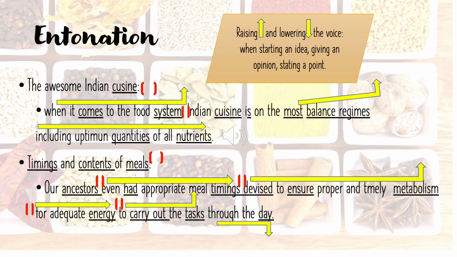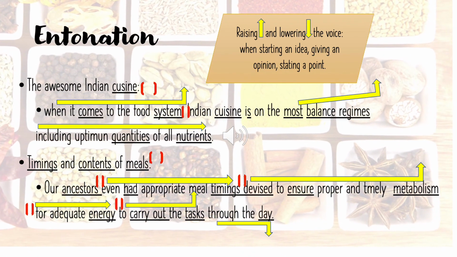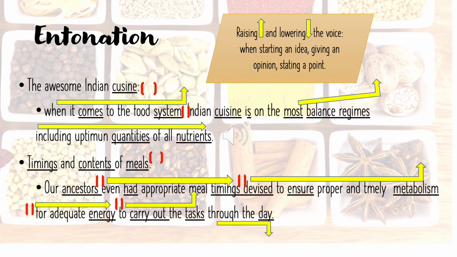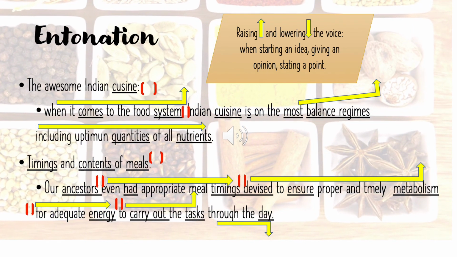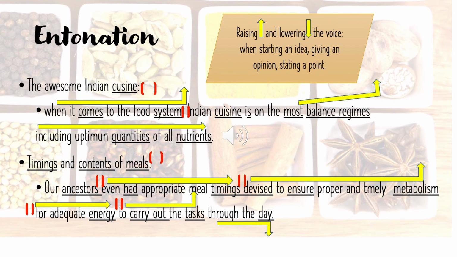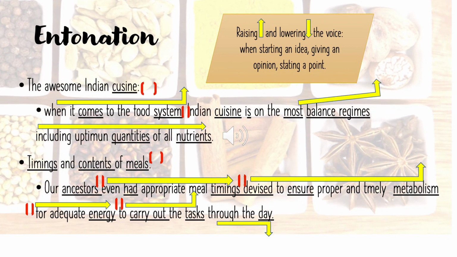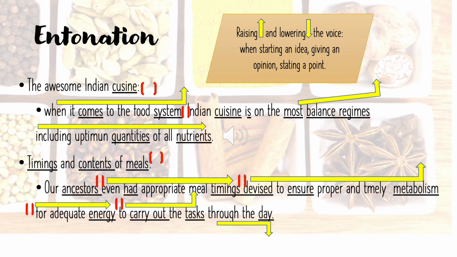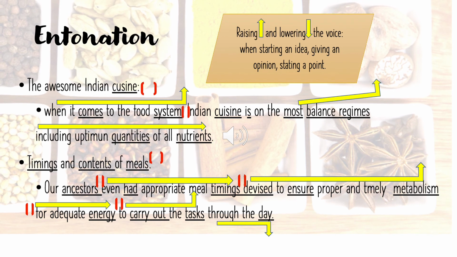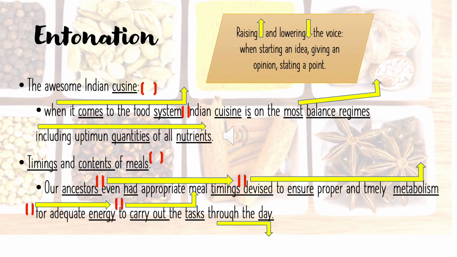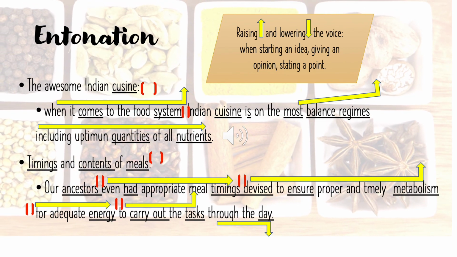Our ancestors even had appropriate meal timings, devised to ensure proper and timely metabolism for adequate energy to carry out the tasks through the day. Okay, one tip here is when you are finishing an idea, when you end an idea, you lower down your voice, as in the example, to carry out the task through the day. You got it? Okay.